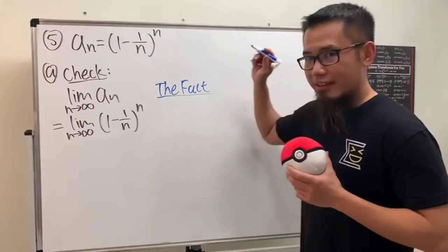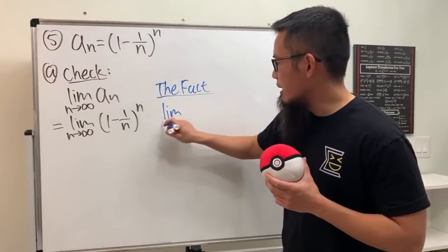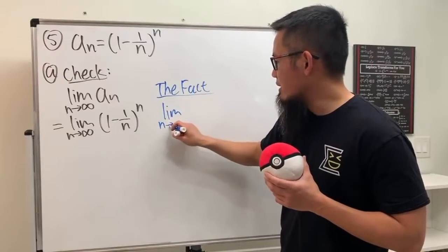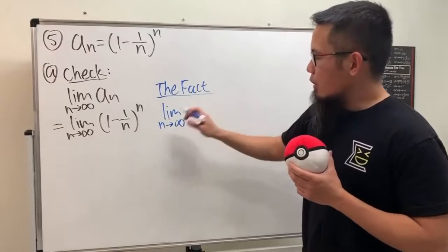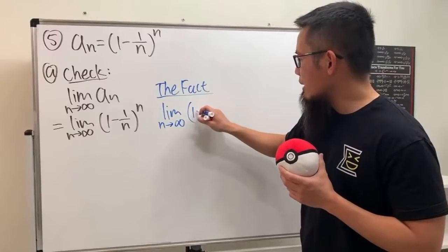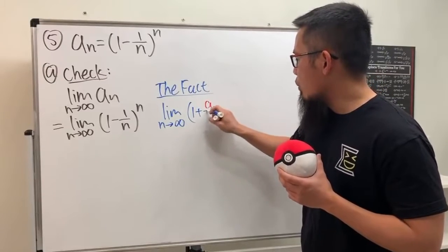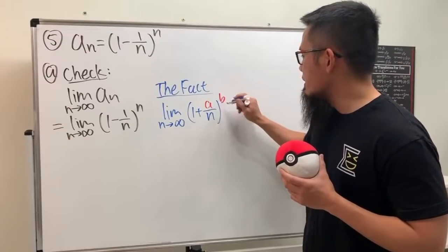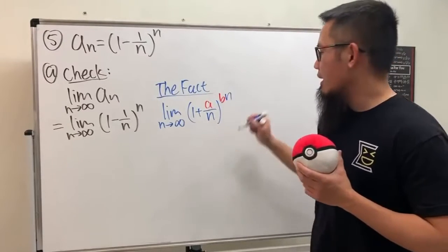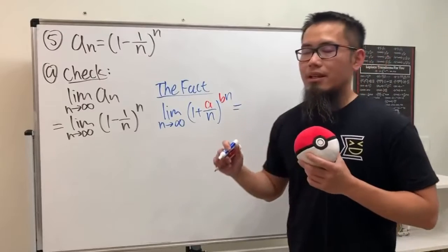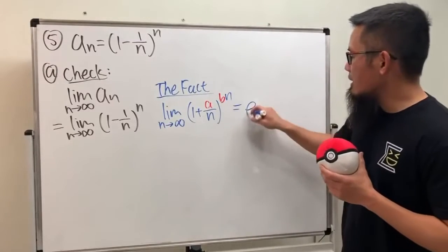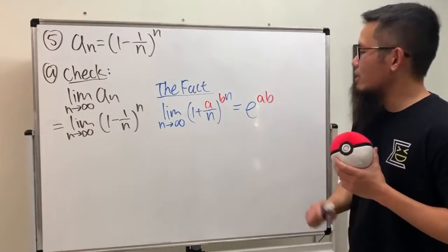All right. The fact is, if you have the limit as n or x, whatever letter that you're using, doesn't matter, goes to infinity, and if you have 1 plus a over n raised to the bn power, this right here, it's equal to e to the ab power. It's very nice.